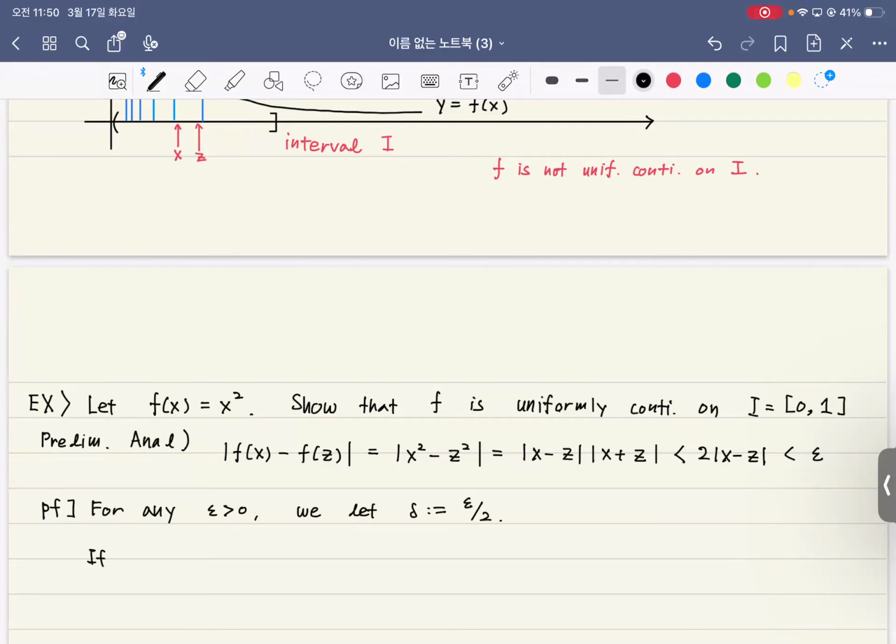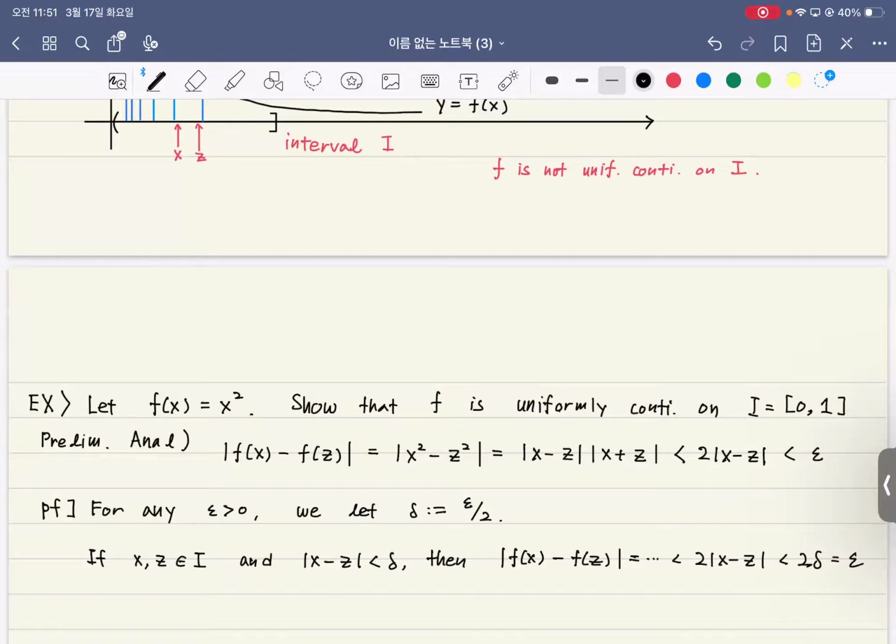Then for any pair of points in this interval, if they are close to each other by less than delta, then the difference of the function values is less than 2 times the absolute value of x minus z, but this is still less than 2 times delta, which is just epsilon.